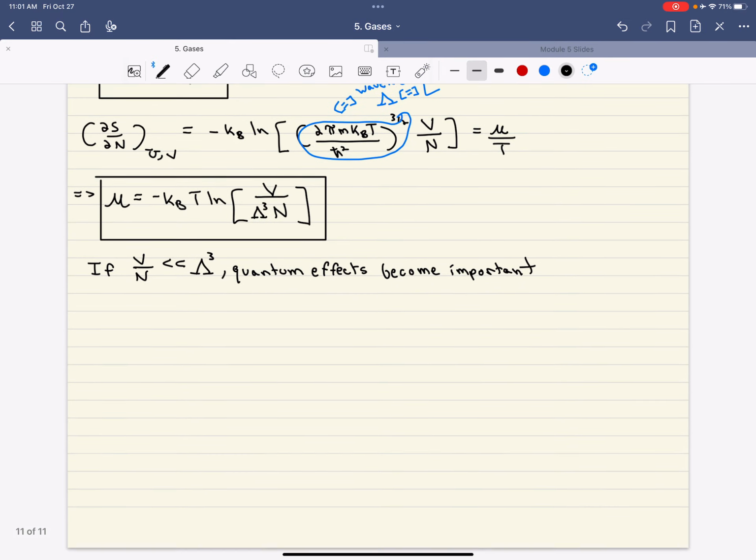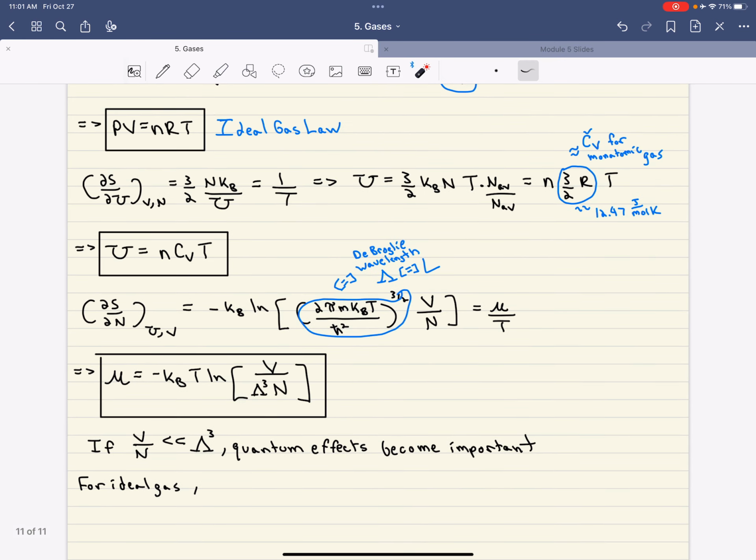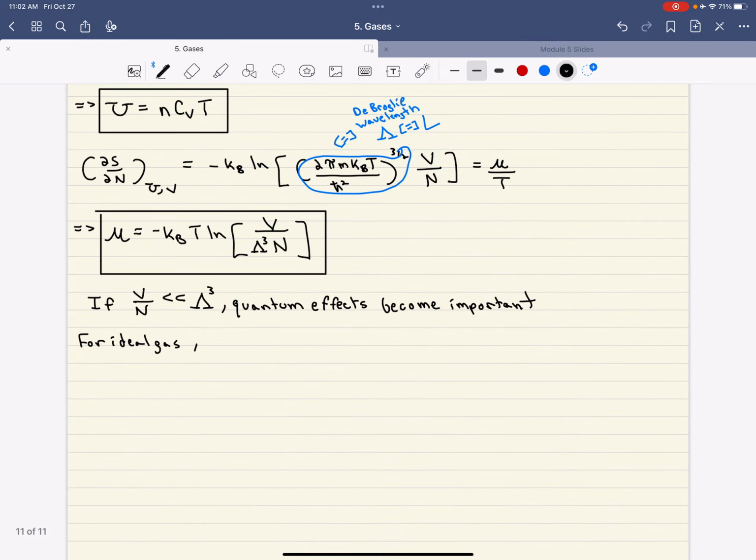In any case, when we're dealing with an ideal gas, we have this volume over N term, and as we saw earlier, we can relate volume over N to these things using the ideal gas law.